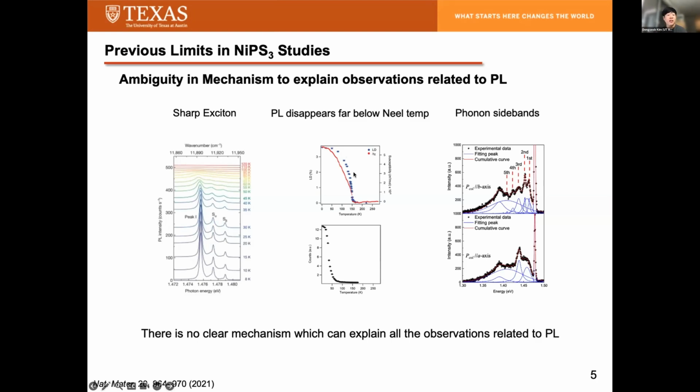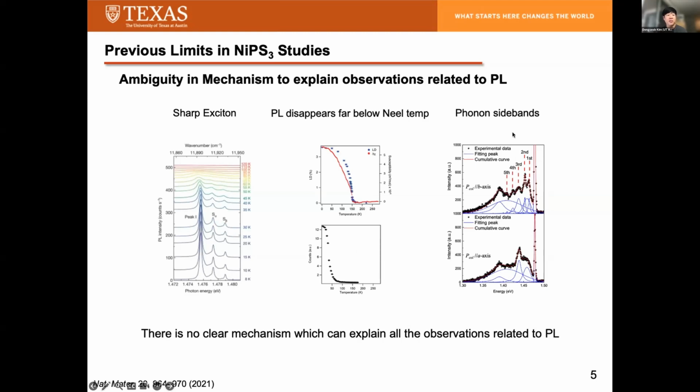Second, if the PL is related to the magnetic properties, then the PL should disappear around the Néel temperature of NiPS3. The upper graph is the susceptibility, and the susceptibility disappears around 155 Kelvin, which is the Néel temperature of NiPS3. But if you look at the PL intensity, it actually disappears far below the Néel temperature, at about 70 Kelvin. So it's also vague to explain.